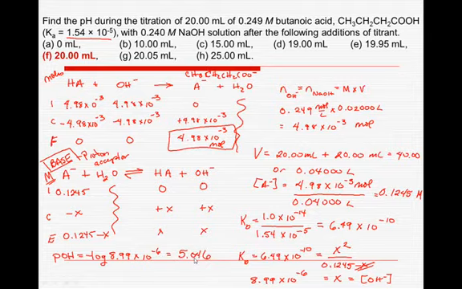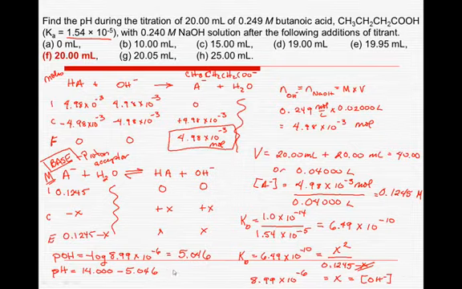Now, many students stop here and say that's the answer, but remember, this is pOH, and we want pH instead. pH would be 14 minus that number. And this will give me a value of 8.954.